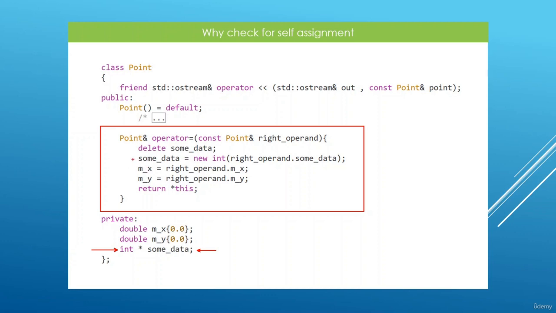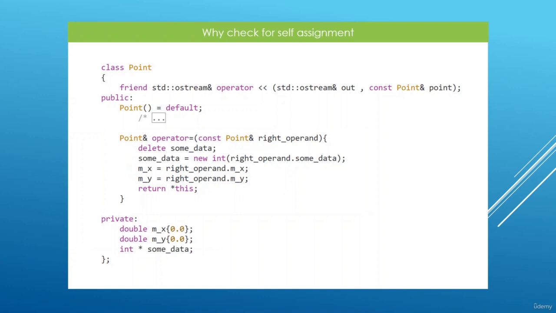So that's what we're going to do right here. And we're going to do dynamic memory assignment and put the data from the right operand in our newly allocated piece of memory here. After that, we're going to do member-wise copy for our non-pointer member variables. This is going to work just fine. And then we're going to return our current object because we are returning by reference to be able to support chained assignment. And this is good and right.